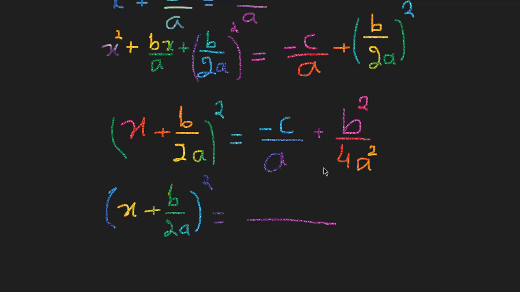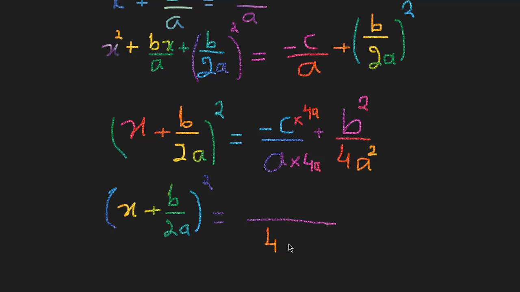So what should I do to make the denominator the same? This is 4a squared, so I must multiply the denominator as well as the numerator of the first fraction by 4a.